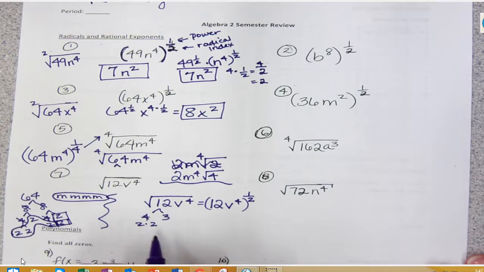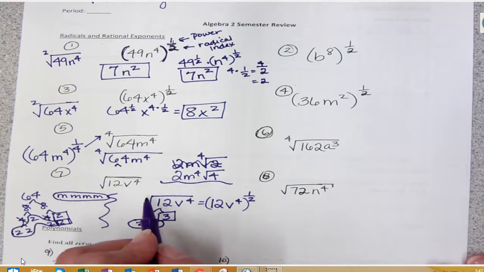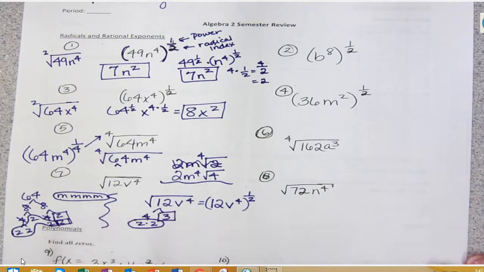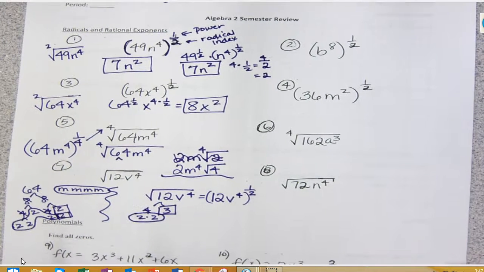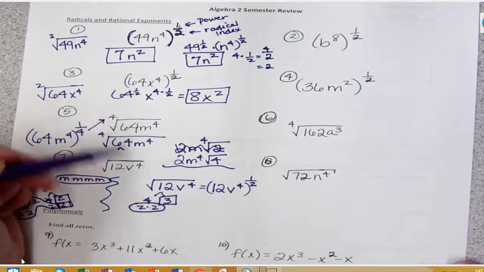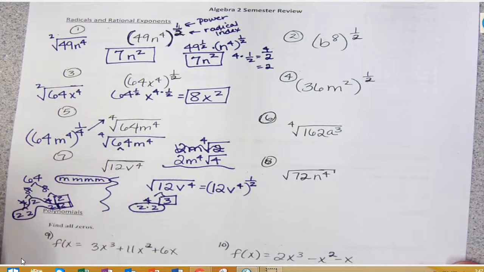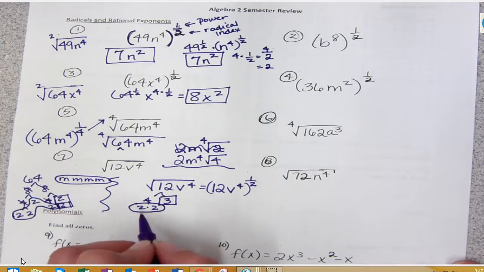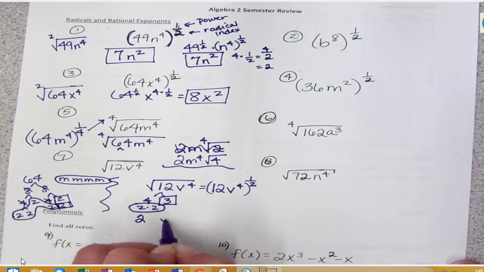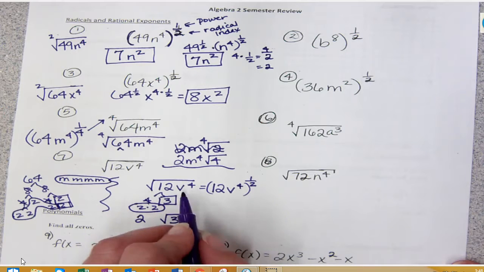So 2 times 2 times 3 equals 12. I'm going to circle my pairs. I just need 2 because the index there is assumed to be 2 unless it states otherwise. Here it was 4, but it's 2 unless it states otherwise. So I just need 2 2's, so I'm left with 2 square root of 3.